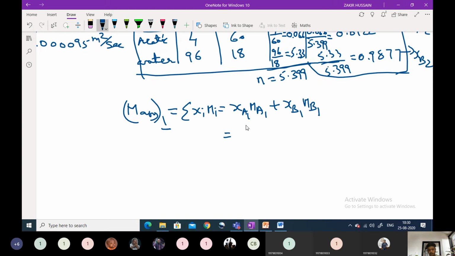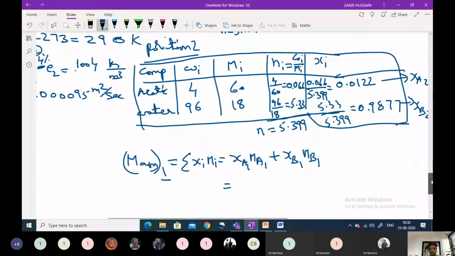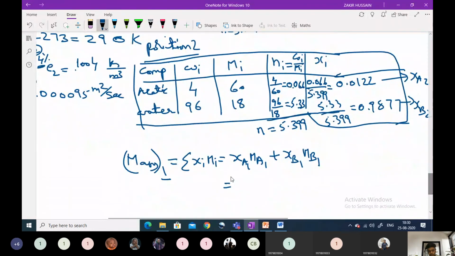So xa1 we have already calculated, xa1 is 0.032. Just 2-3 minutes, I will complete this problem, just bear with me.